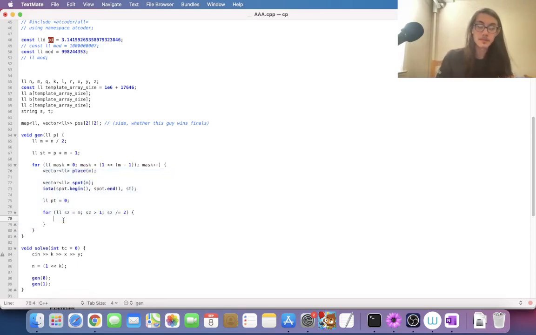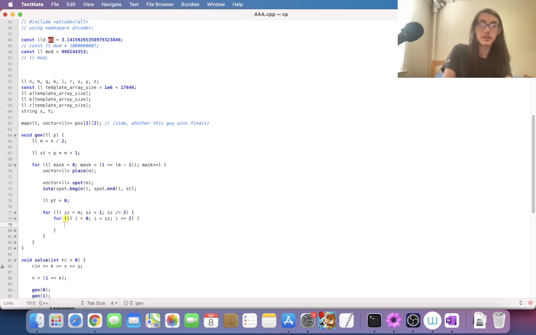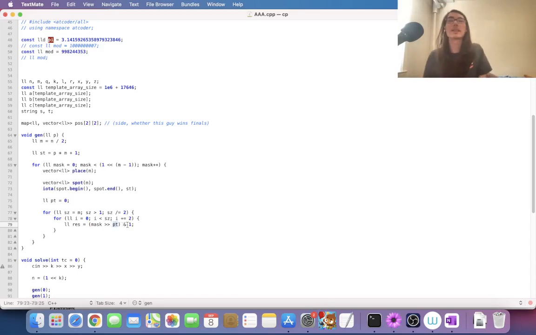So for i equals 0, i is less than size, i plus equals 2, because we're going through each game like that. Like we're going through 2 people. So the result is, we're getting the bit at the position pointer of mask.